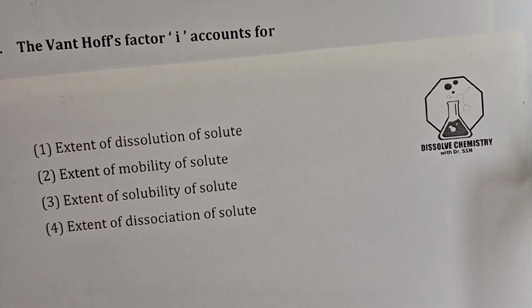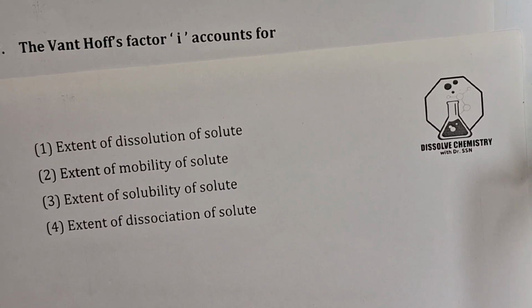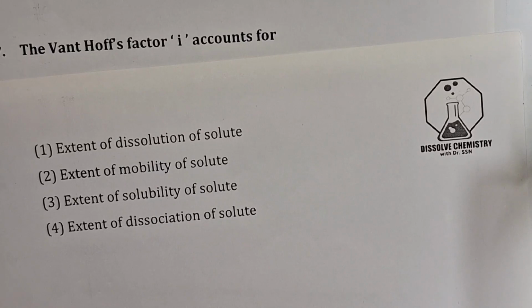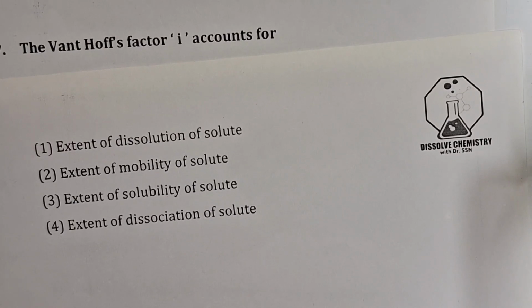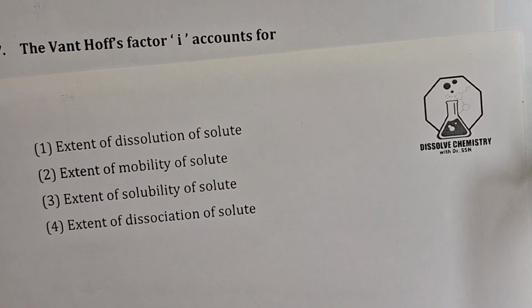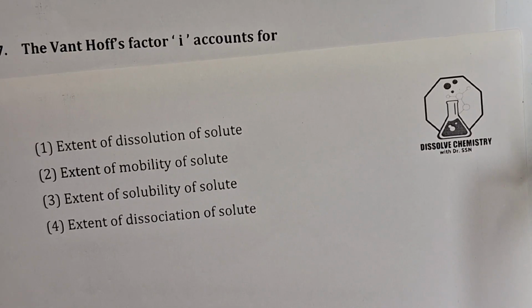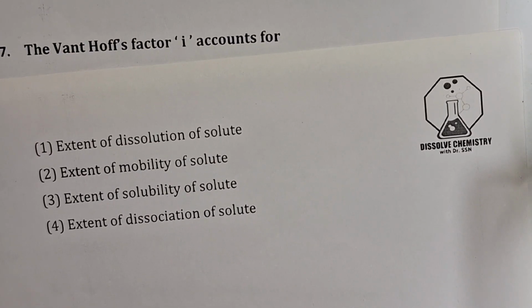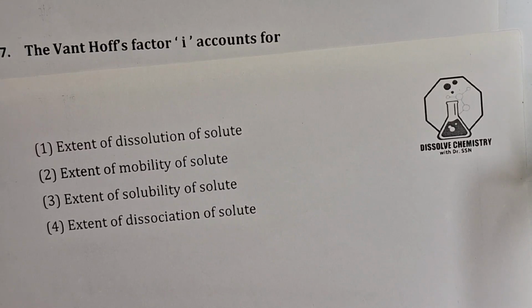The Van't Hoff factor i accounts for extent of dissolution. How much it is being dissolved? No, it is not going to tell about that. Extent of mobility of the solute? No, mobility of the solute is not relevant to your colligative property, right? Then extent of solubility? No, it is also not that.